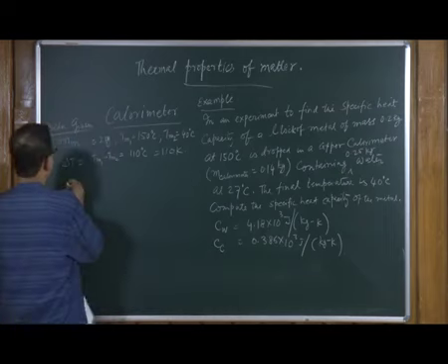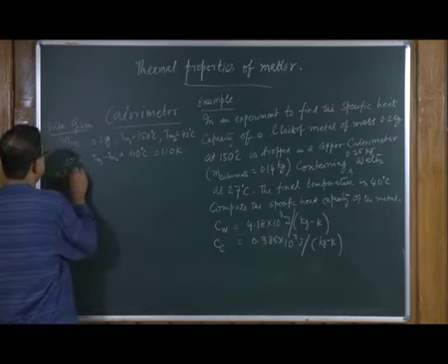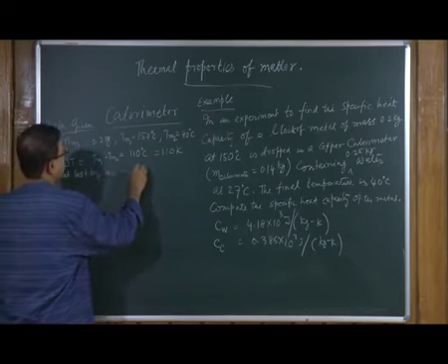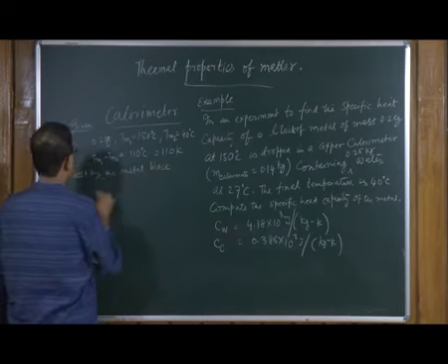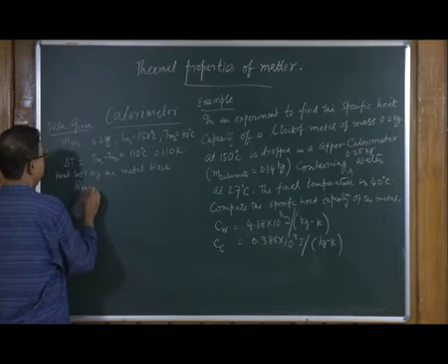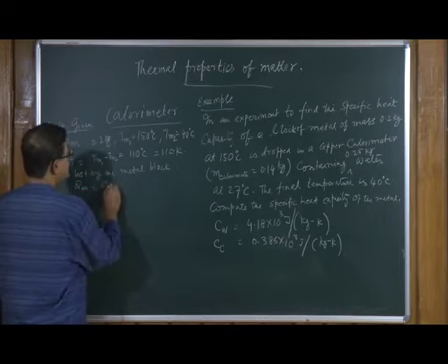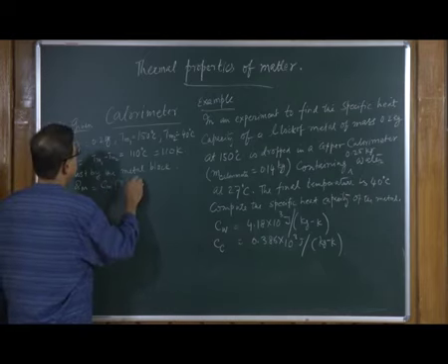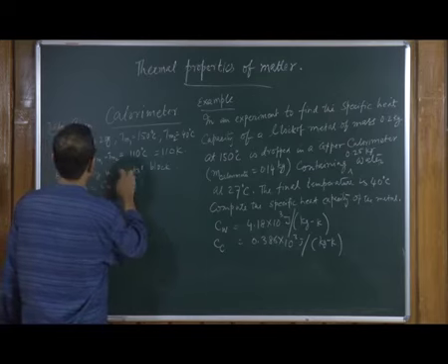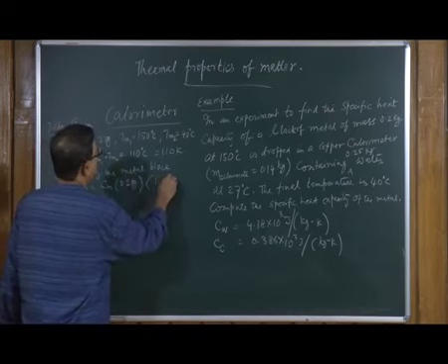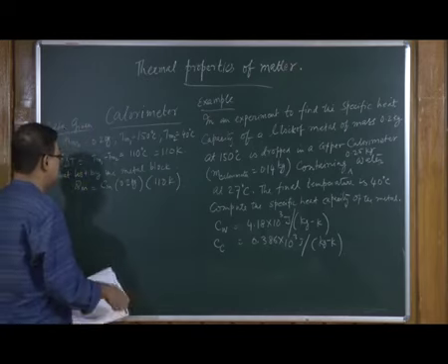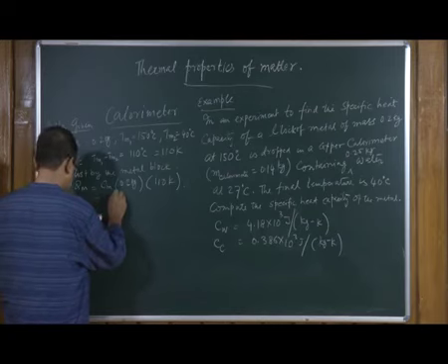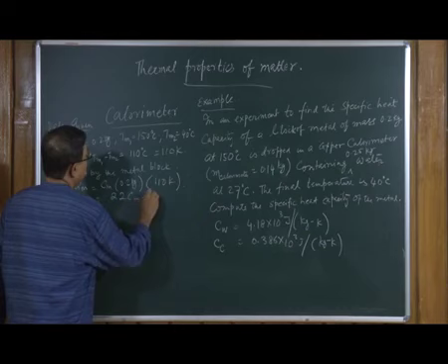So, the heat lost by the metal block, Qm, is equal to Cm, which I need to find, times M, which is 0.2 kg, times my delta T. So that's the heat, and this will be in joule.